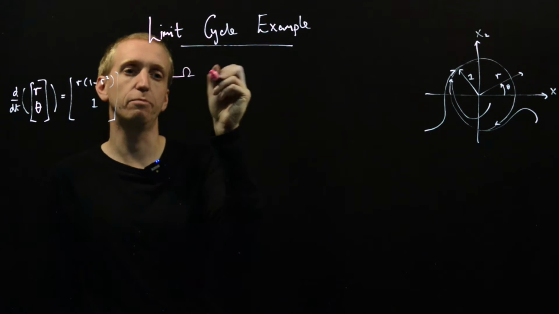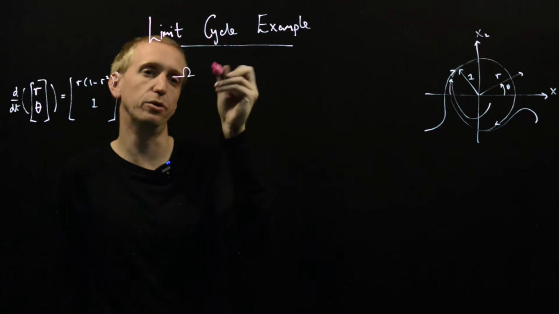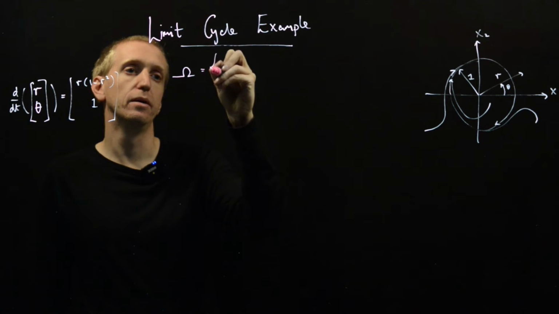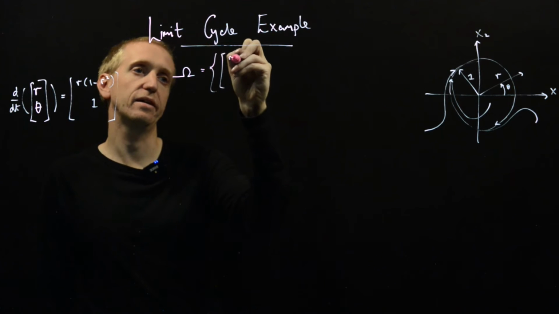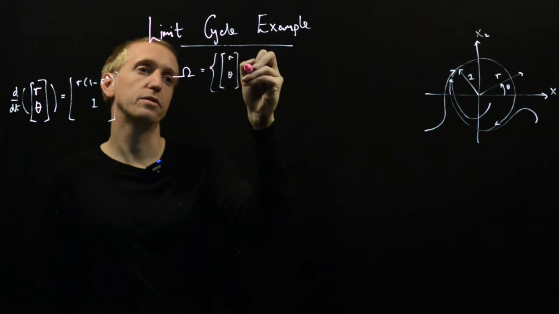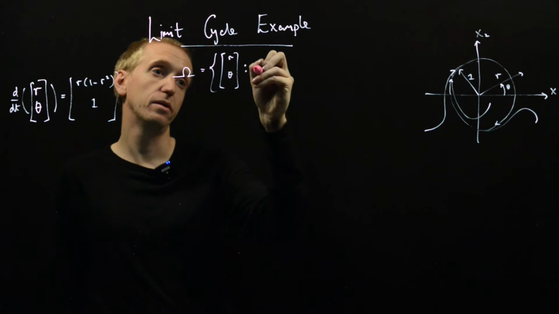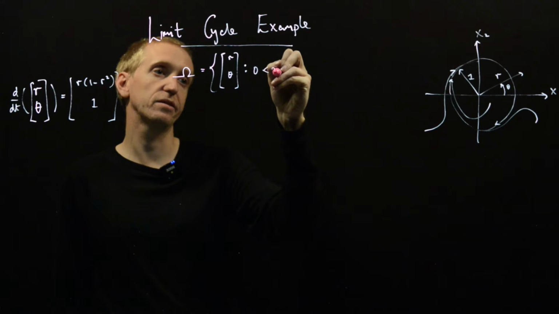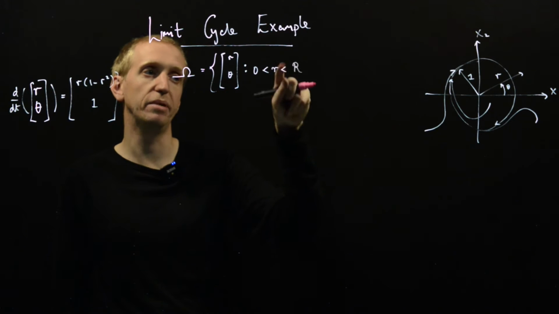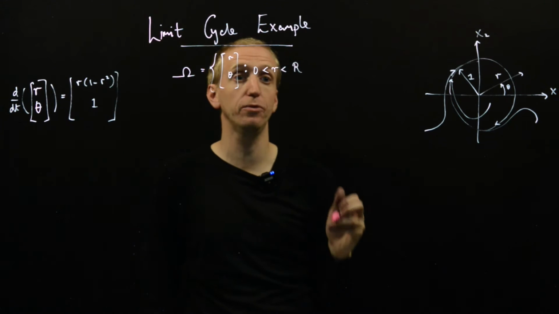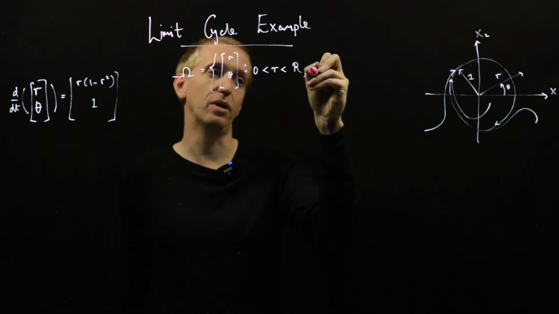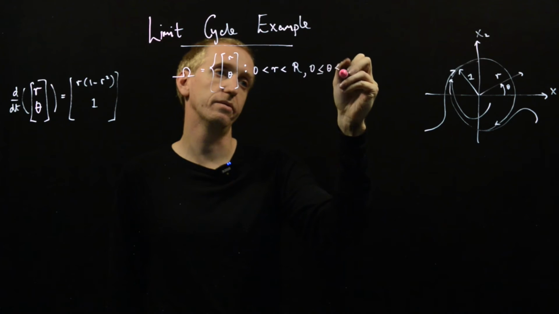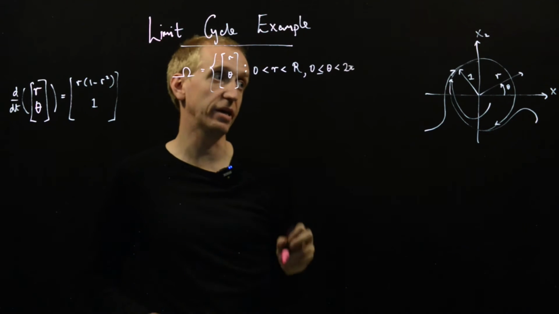So let's start by picking what set omega we want to use. We could go for global results here, but we'll be slightly less ambitious. So we'll look at the set of points which, when written in polar coordinates, have radius r less than some big number R, just to keep our domain bounded, and angles between 0 and 2 pi.